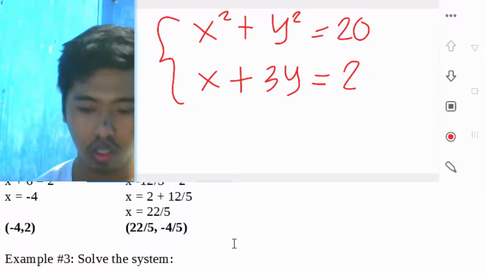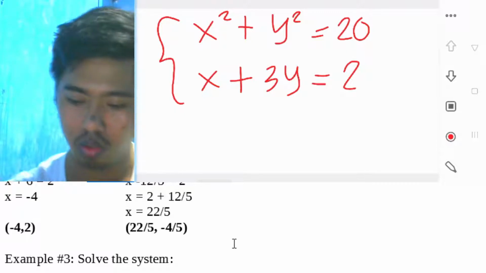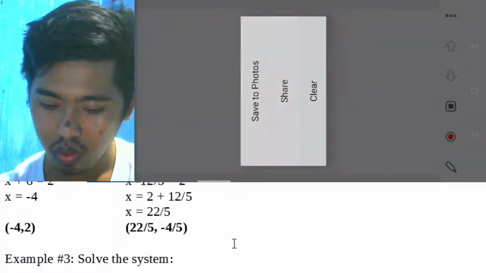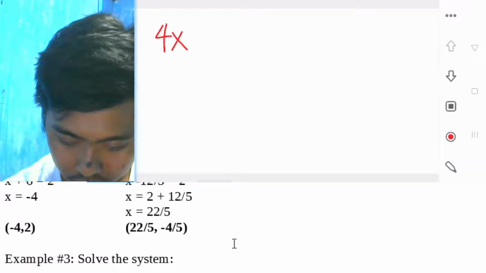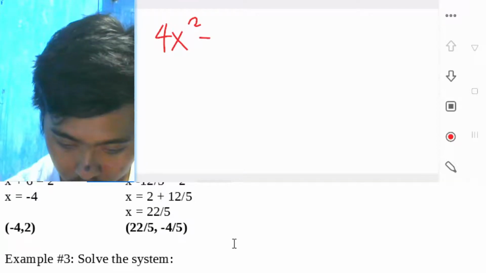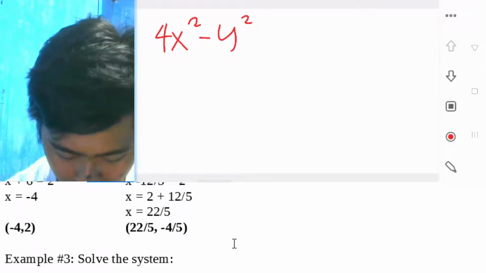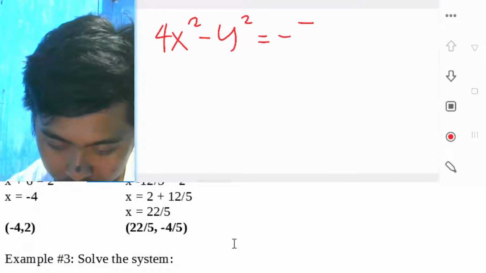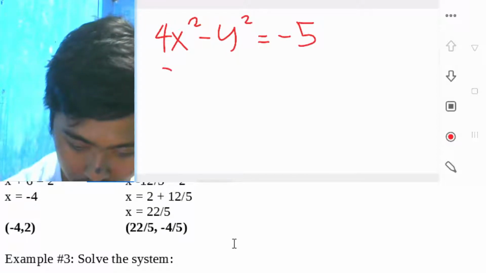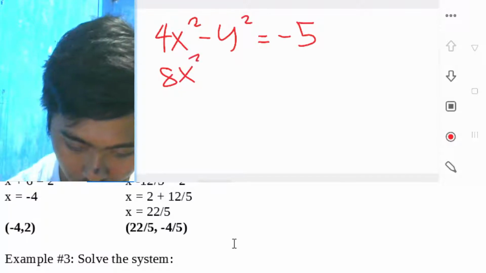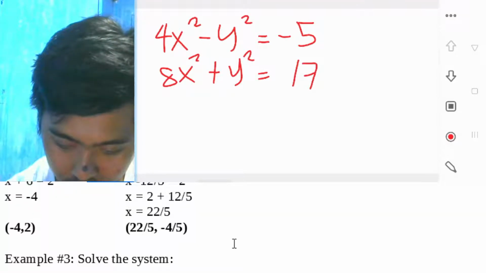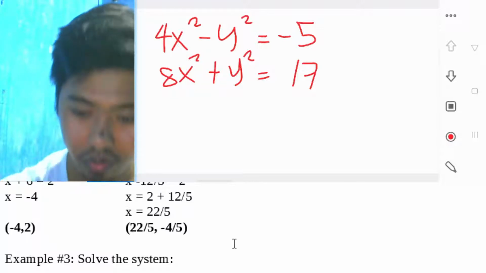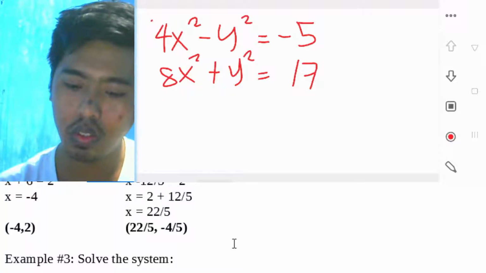This is a system: 4x squared minus y squared equal to negative 5, 8x squared plus y squared equal to 17. Now this is our system.